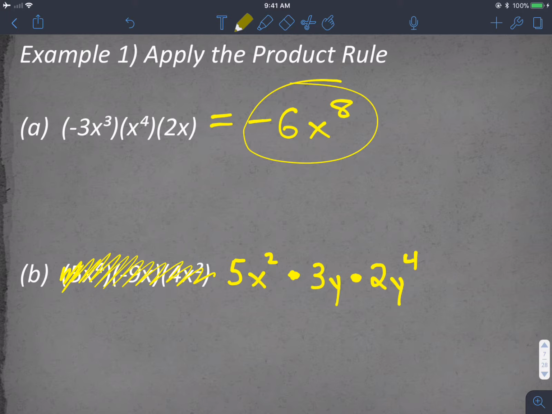5x squared times 3y times 2y to the fourth. x squared times 6y to the fifth. Almost. You can do one more thing.